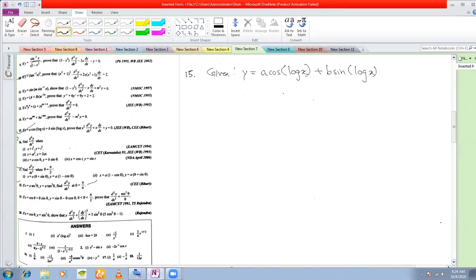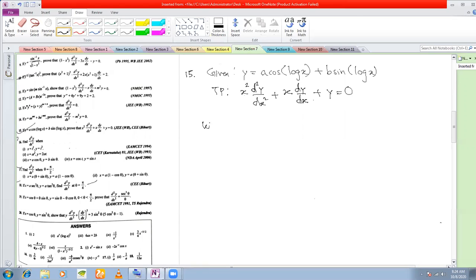Okay, to prove, you have to prove x squared d2y dx2 plus x dy dx plus y is equal to 0.